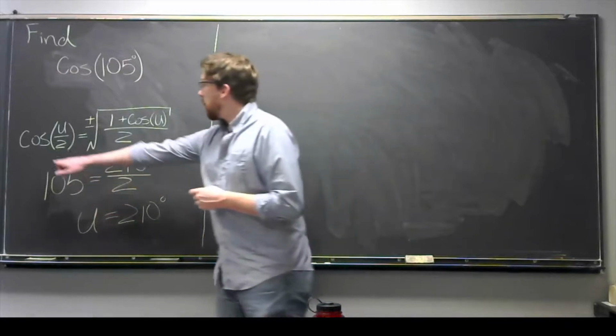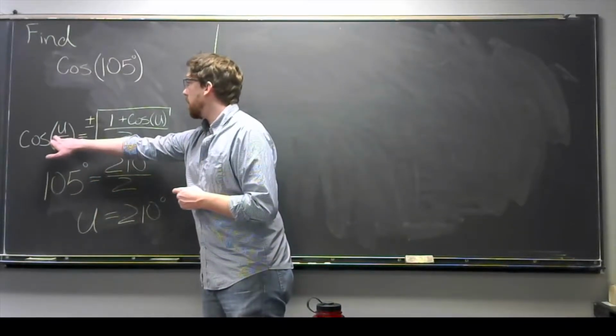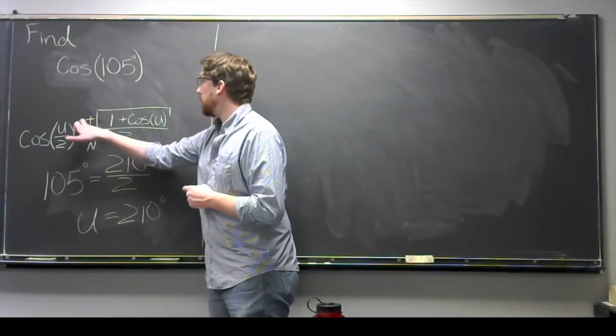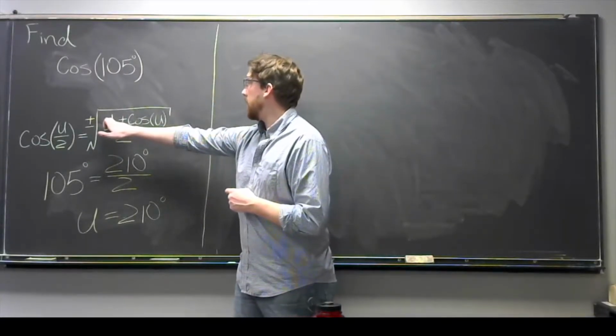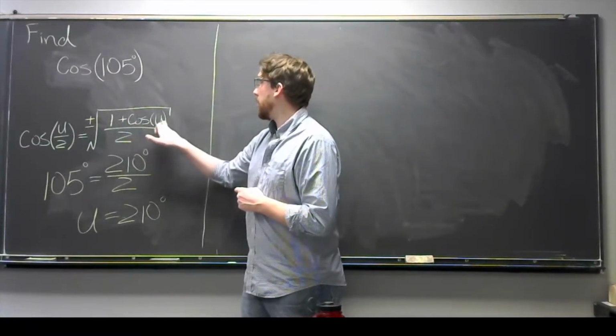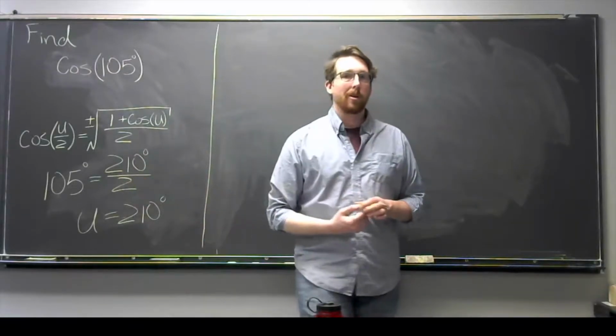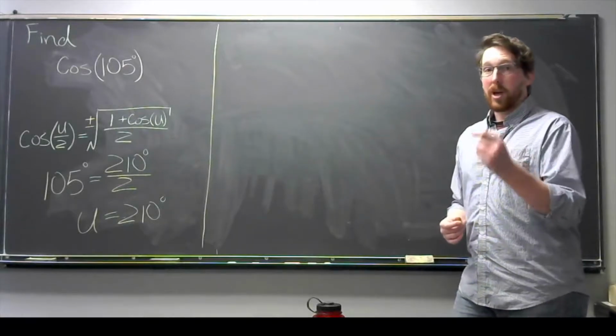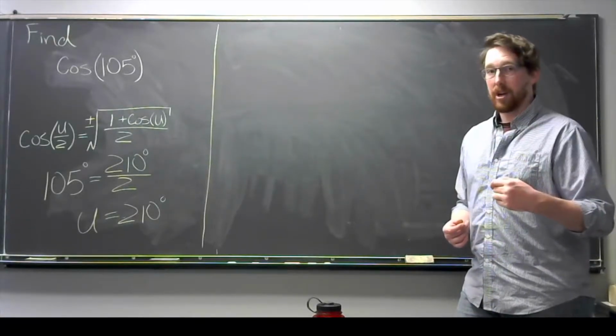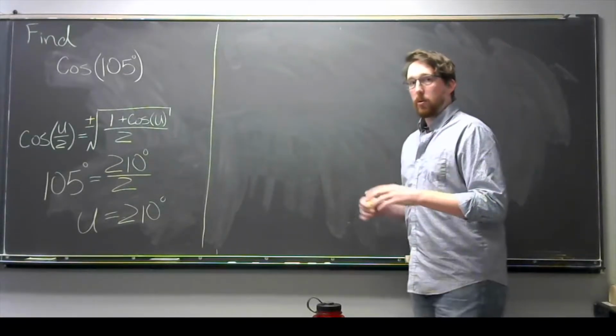This time, we're going to use the cosine of u over 2 is equal to plus or minus the square root of the entire quantity 1 plus the cosine of u, divided by 2. Now notice here, it's plus cosine of u, not minus cosine of u. Slight difference between the two formulas.